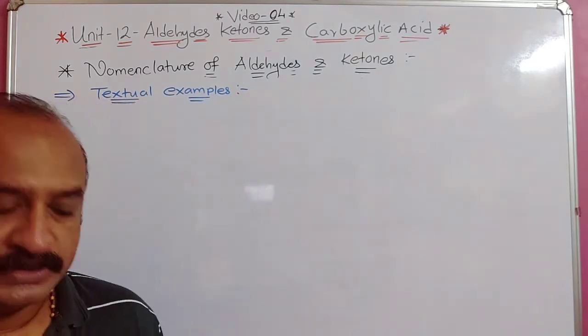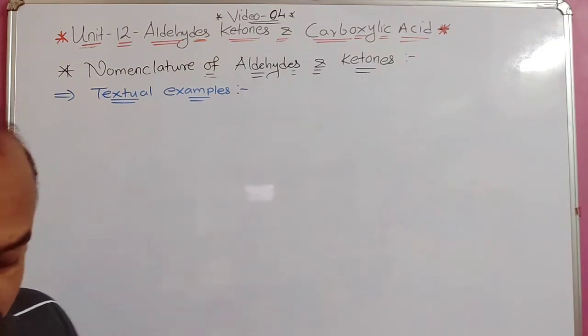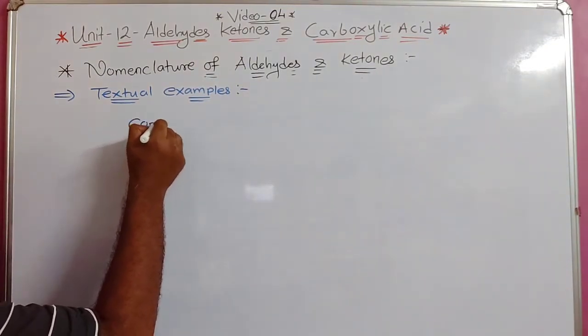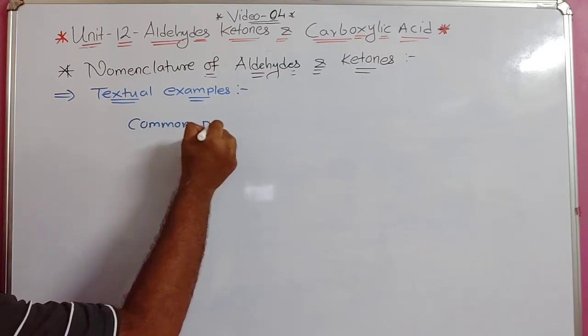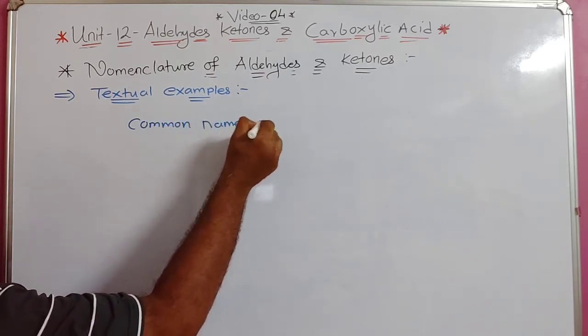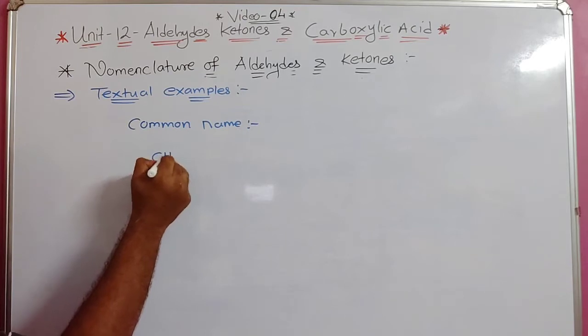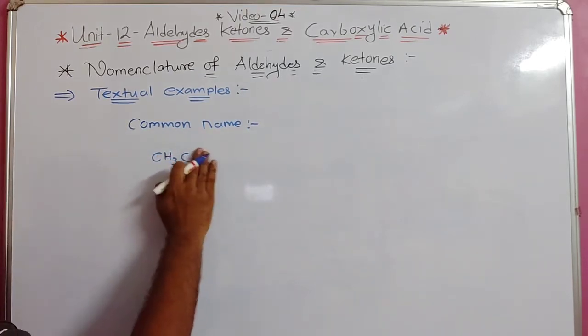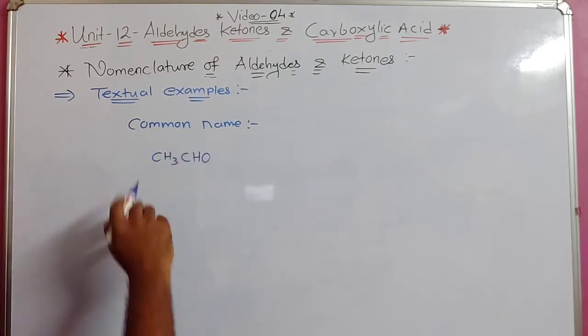The first example on page 358 is given with its common name. It is CH3CHO. Clear?